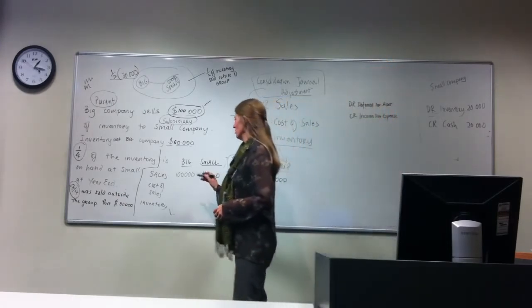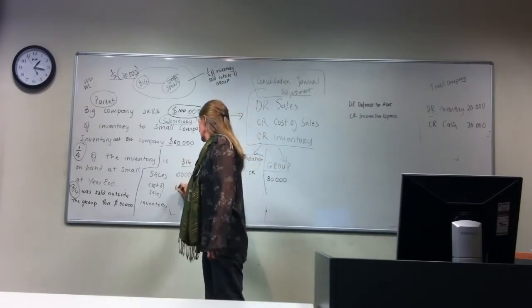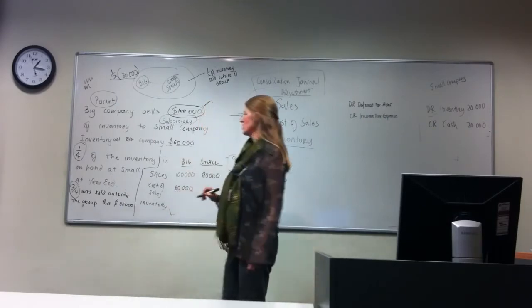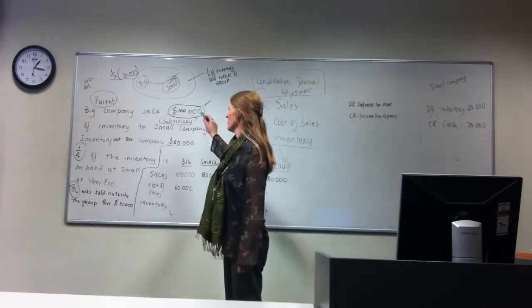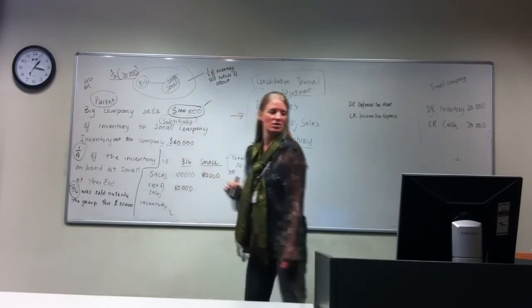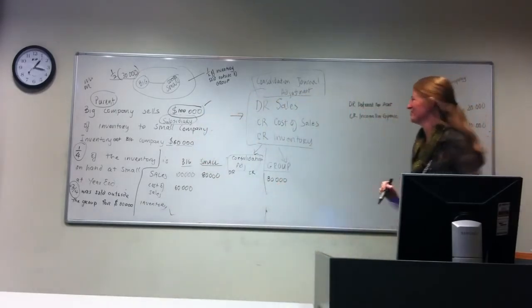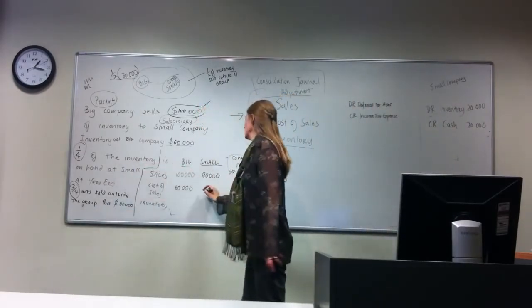Cost of sales. Big cost of sales is going to be 60. Small cost of sales is going to be, okay, 100,000 was the cost, and they've sold 75%. Quite right. So we've got 75,000.